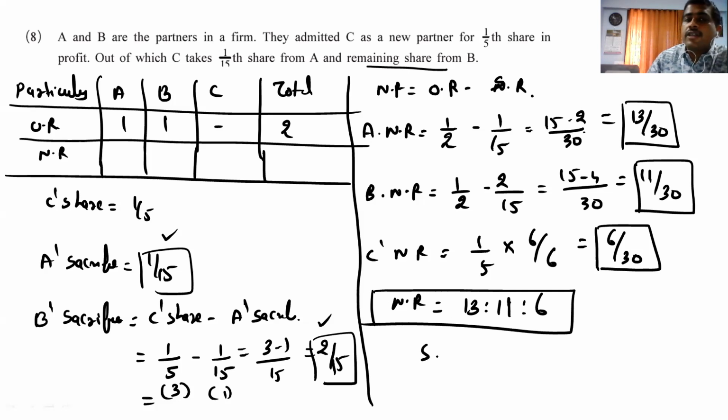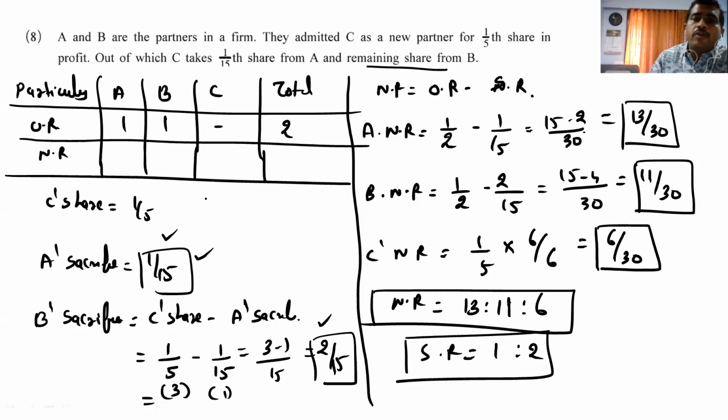And sacrifice ratio, that is also we know 1:2. How? 1/15, 2/15. So our new ratio comes to us 13:11:6. Total 30. Clear, friends? So we have done up to 3 questions. Now the time is for the revision, right? So let's start.